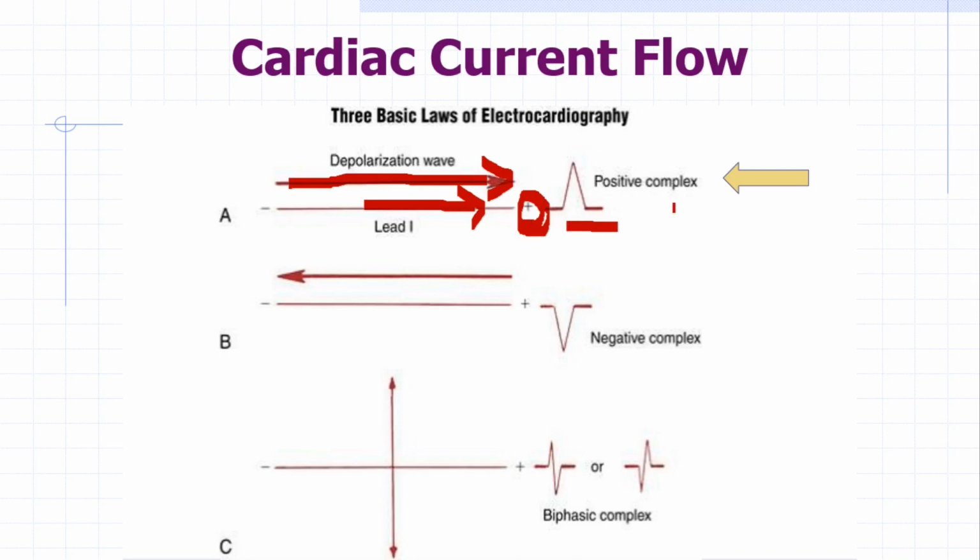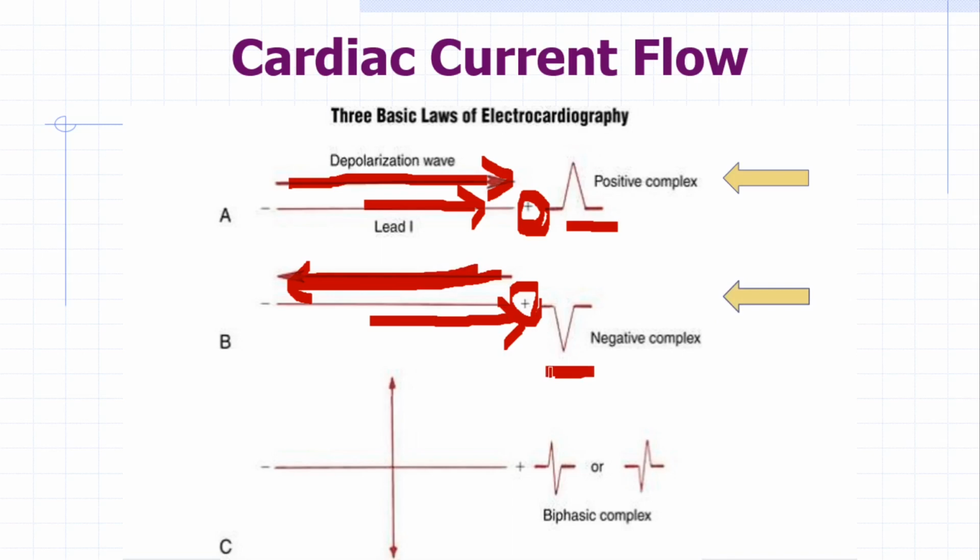that is the recording electrode, we get the positive deflection in the electrocardiogram. Suppose the wave of depolarization or repolarization is moving in the reverse direction compared to the positive electrode. Now the wave of depolarization is going away from the recording electrode, and we get the negative deflection in the ECG.